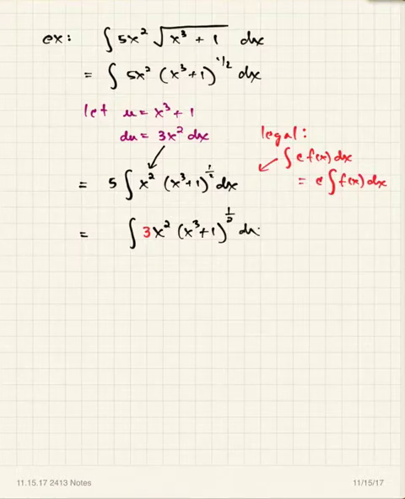Now, that in itself would be an illegal move, because that would change the function, change the integral, because I'm just multiplying by 3. But we correct that issue if we also, instead of multiplying by 3 on the inside of the integral, divide by 3 on the outside of the integral.